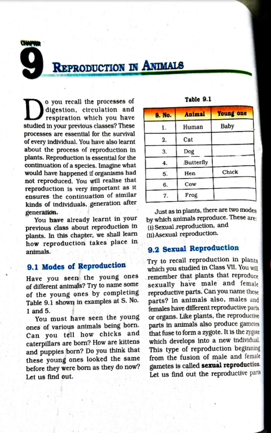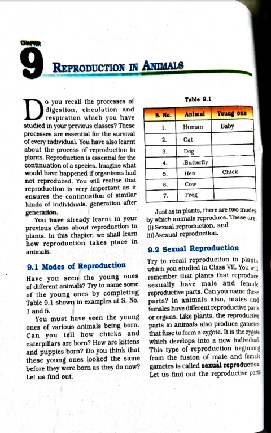Like plants, the reproductive parts in animals also produce gametes that fuse to form a zygote. It is the zygote which develops into a new individual. This type of reproduction, beginning from the fusion of male and female gametes, is called sexual reproduction.